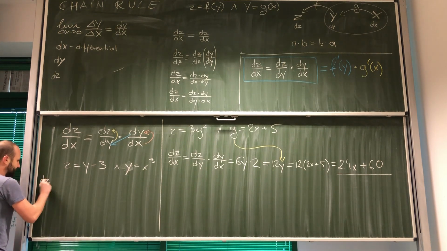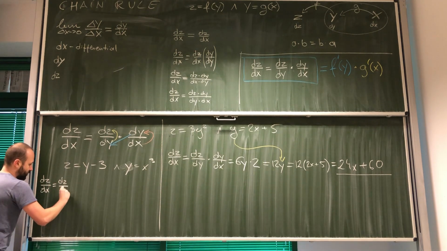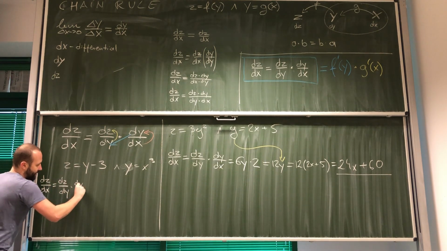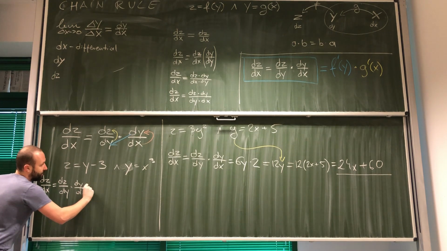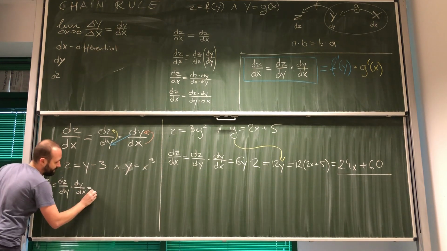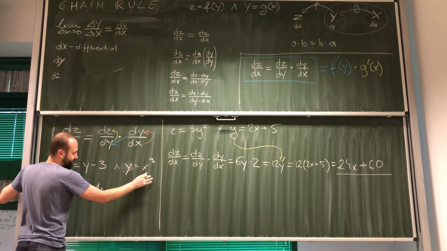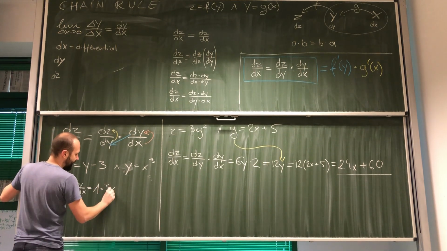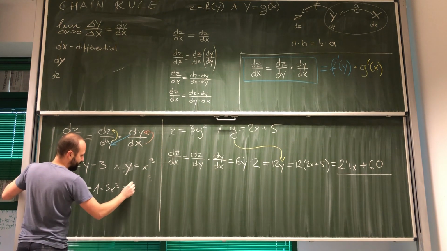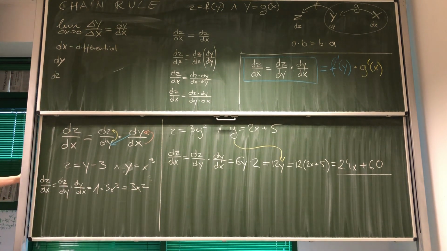We know that dz/dx is equal to dz/dy times dy/dx. So derivative of z with respect to y is just 1. Then we multiply it by the derivative of y with respect to x, which is 3x squared. And we found this derivative.